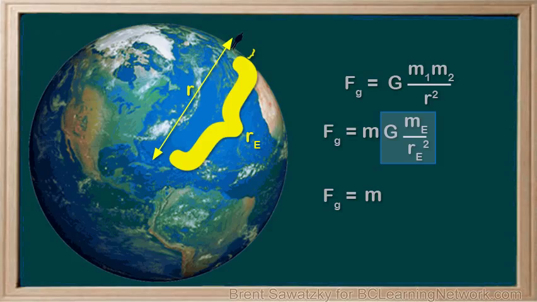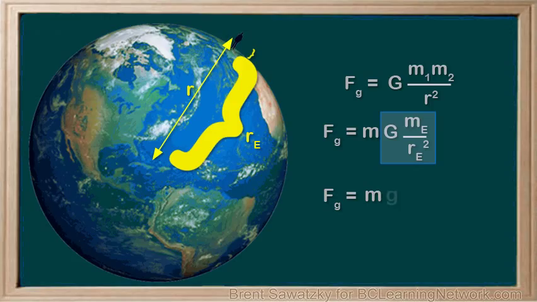Now, to make things easier for future calculations, let's just give this number a name so that any time we're doing a force of gravity near the surface of the Earth, rather than using the general equation, we'll just take the mass and multiply it by this other number, and we can have it very nice and quick.